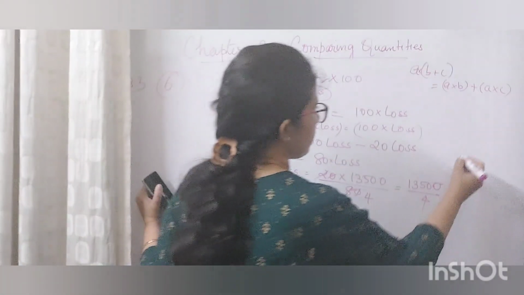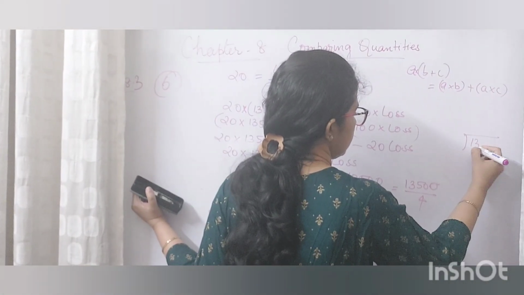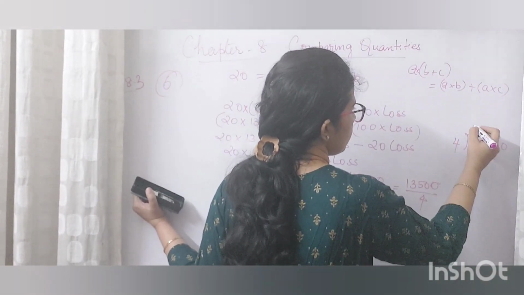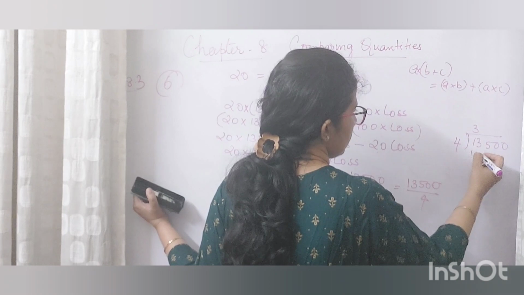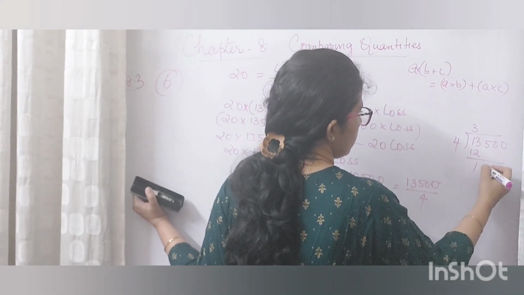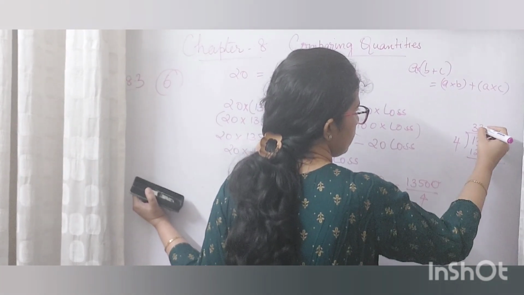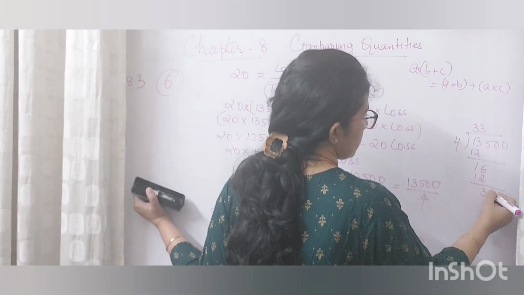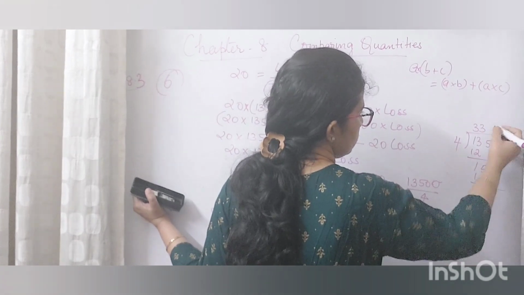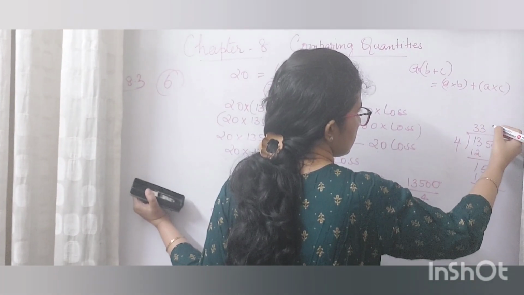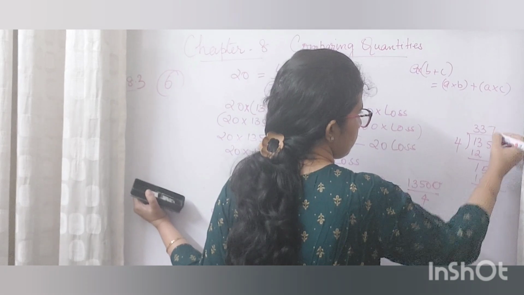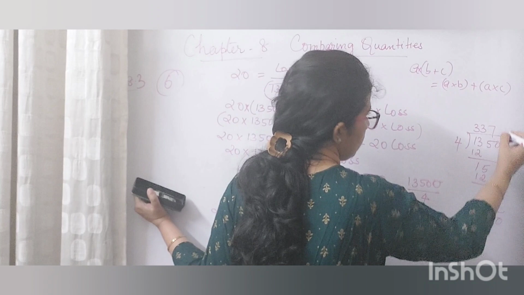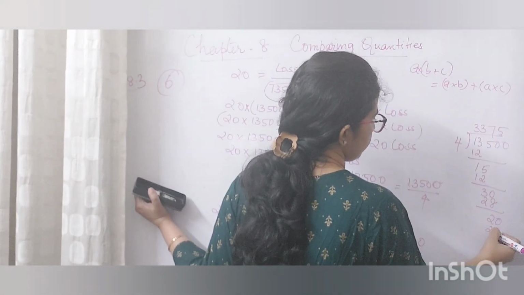So if you divide 13,500 by 4, 3 4s are 12, then 1, 5, 3 4s are 12, 3, 0, 7 4s are 28, so 2, 0, 5 4s are 20.